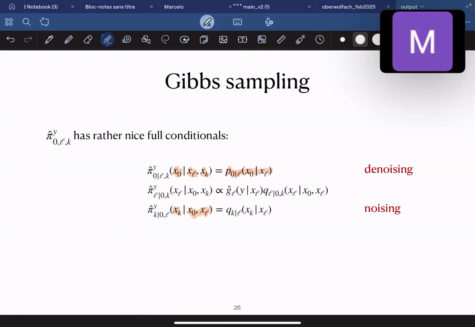In this case, it's simply the conditional distribution associated with the noising, meaning the conditional distribution of xk given xl, and this is simply a Gaussian distribution. So you can see that the first and last conditionals you can very easily sample from, but the main problem is the second one, which is known up to a normalizing constant and which is intractable.